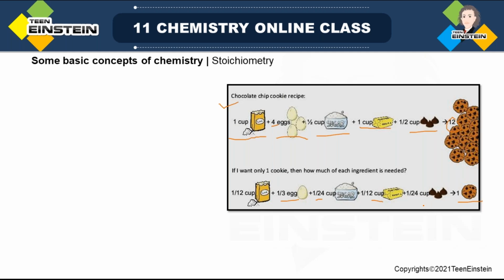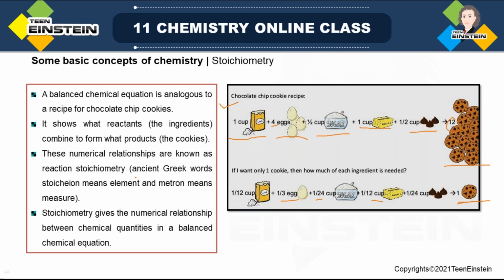So you have to adjust the starting material, I'm talking about what the moles should be in the balanced equation, by dividing all the species by the same number depending on how many moles of product you want to get. So here it is 12 moles of product, but if you want to get just 1 mole of product, you accordingly have to adjust the number of moles of all these ingredients.